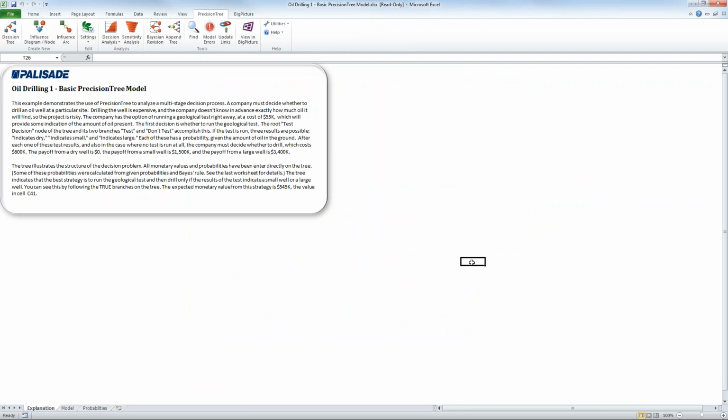Well, I could just throw some facts at you and tell you about it, and list off all the cool features of it. Or I could start by asking you some questions first so that mentally you can think, oh yeah, I've done that. Oh, maybe I've done that. And this is where PrecisionTree could fit into my daily decision making.